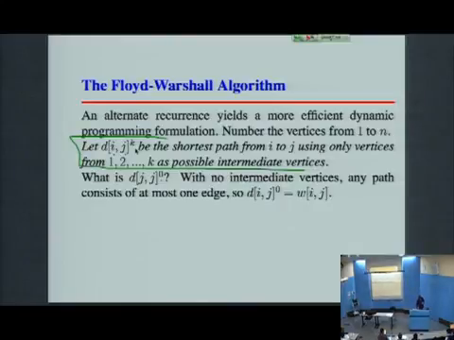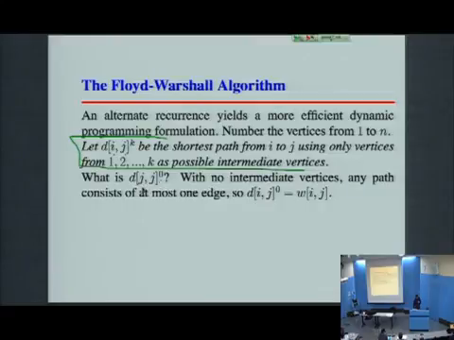That said, if we take a look at this, B_ij superscript k is the shortest path from i to j using only vertices 1 through k as possible intermediaries. The initialization condition: the distance from j to j of length 0.